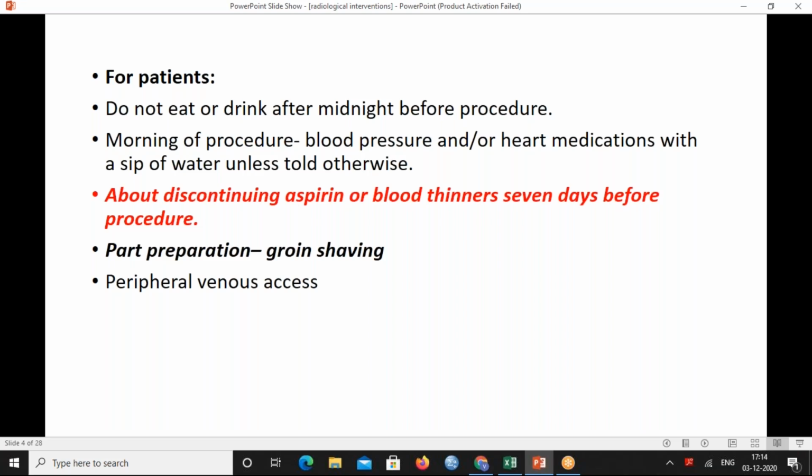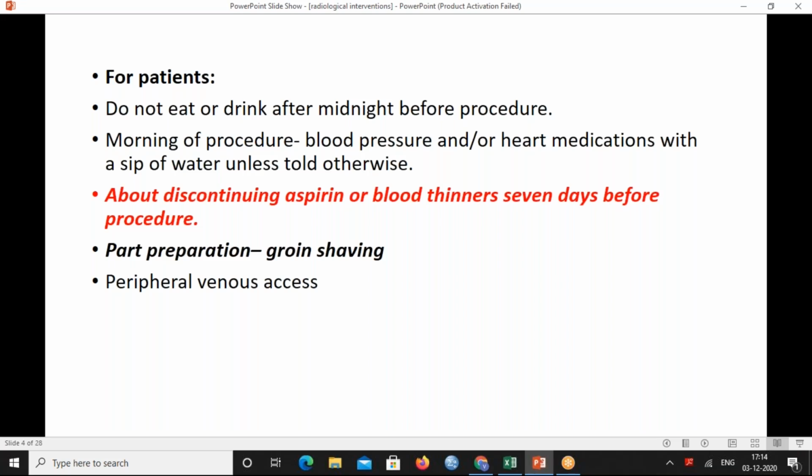And about discontinuing aspirin or blood thinners 7 days before the procedure, most of the time this is taken as a universal statement, but this is again not universal, because for some procedures, such as angioplasty, stent-assisted coiling, a flow diverter, or any procedure where a bare metal stent is placed, aspirin or dual antiplatelets are prescribed and given 5 or 7 days before the procedure.